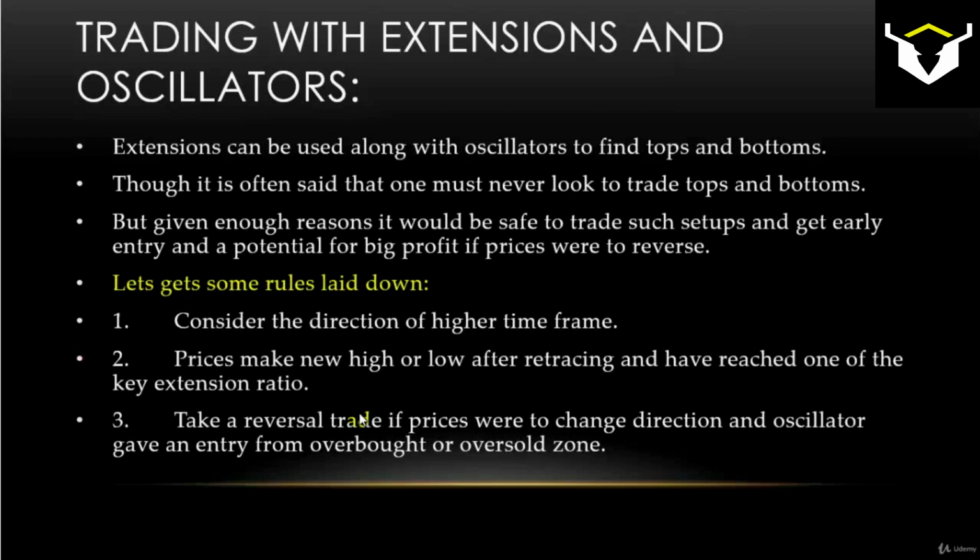After retracing, they have resumed their trend and go ahead to make a new high or a new low, and in doing so they have hit one of our key extension ratios. Take a reversal trade if prices were to change direction, when an oscillator gave an entry from the overbought or oversold zone. Let's go ahead and take a look at some examples.